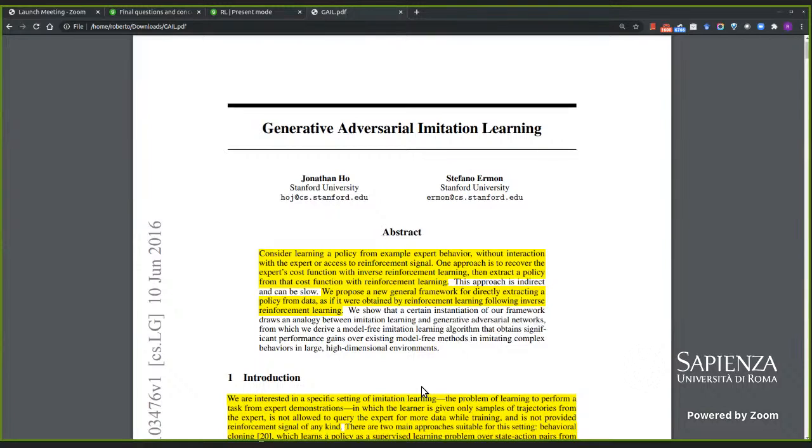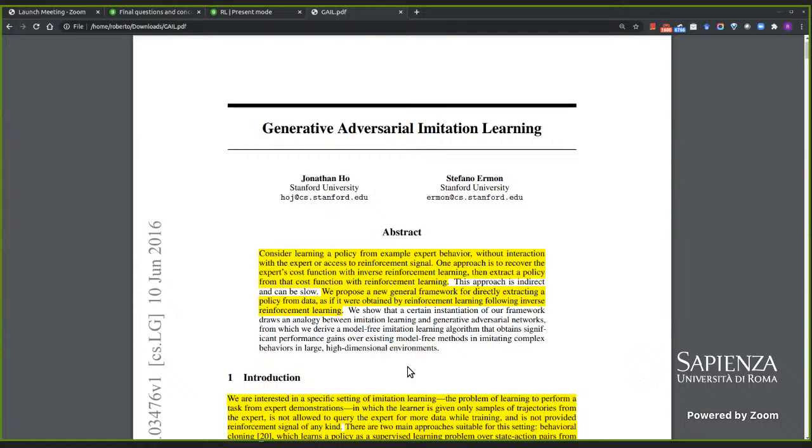This is another approach. There are pros and cons in both of these approaches, and in this paper, basically what they're trying to do is reduce as much as possible the cons of the latter approach we discussed, so inverse reinforcement learning plus reinforcement learning. And they do this by means of GANs.